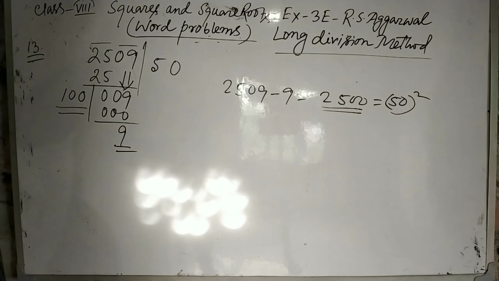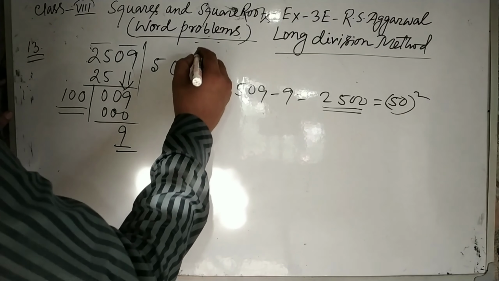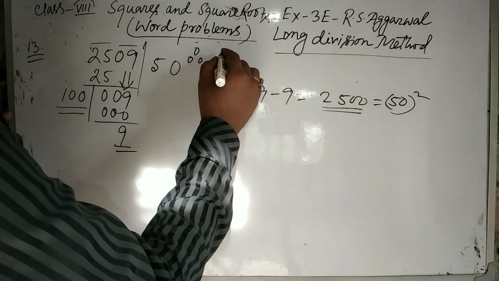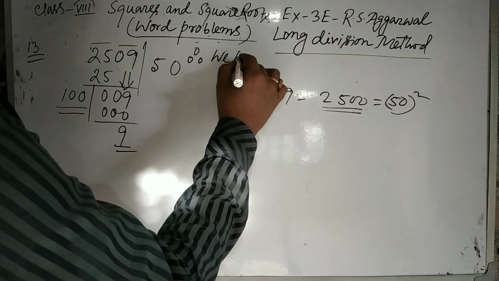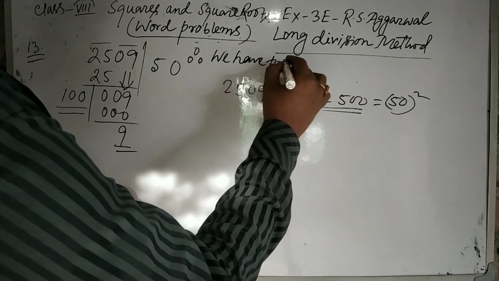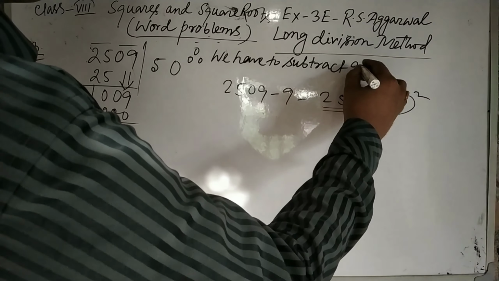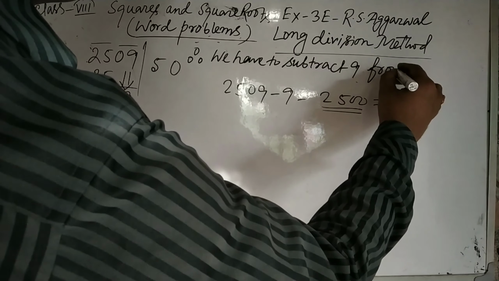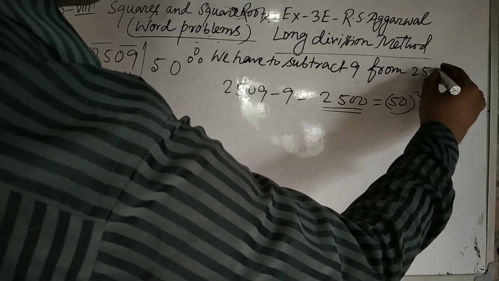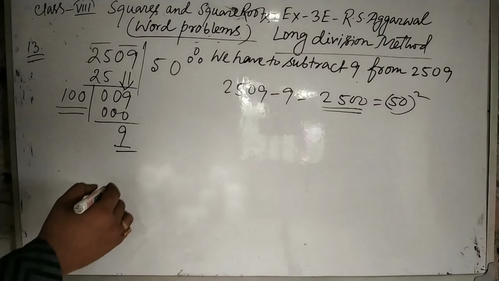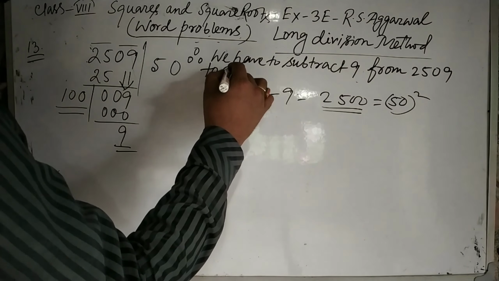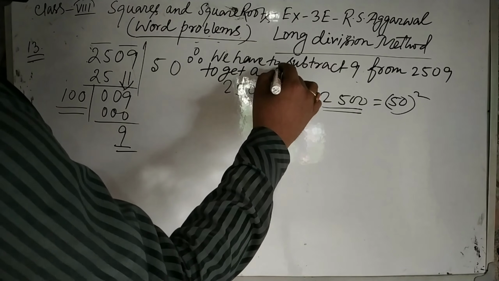So your answer will be, therefore write it here, therefore we have to subtract 9 from 2509 to get a perfect square.